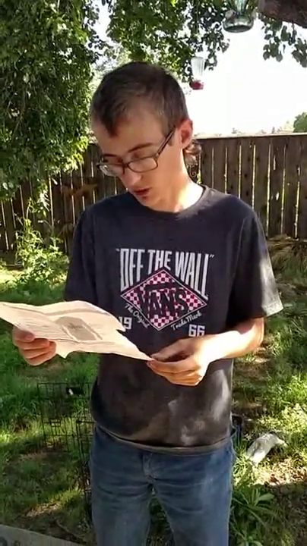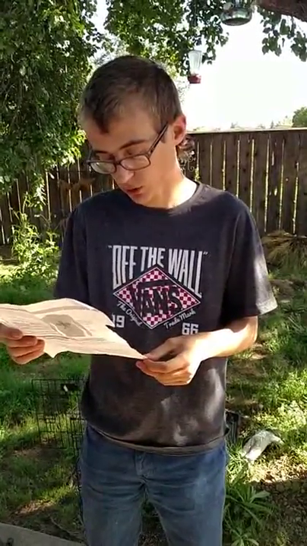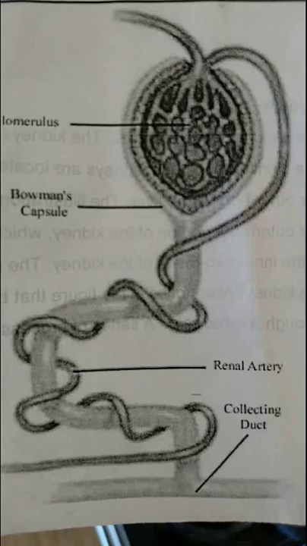To understand how the structure of each part of the nephron is related to its function, let's look at the 3 major processes that take place in the nephron: filtration, reabsorption, and secretion. The process through which materials from the blood are forced out of the glomerulus and into the Bowman's capsule is called filtration.